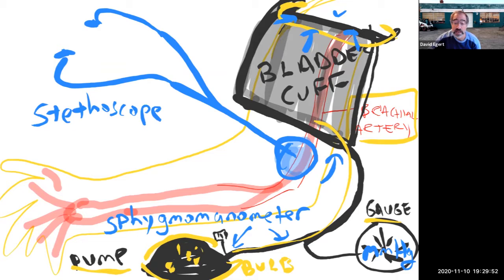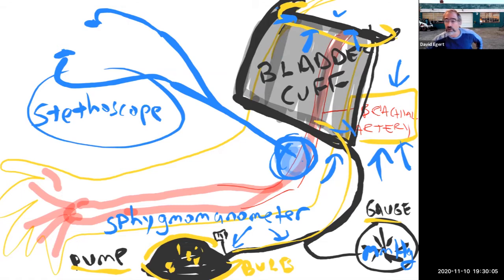And again, you've got the blood pressure cuff, which will push, and because you're putting it around your arm, it's going to compress the brachial artery. We have the stethoscope on top of the brachial artery so we can hear what the flow sounds like in the brachial artery. Using the pump and the gauge, we can change how much pressure we're pushing down.